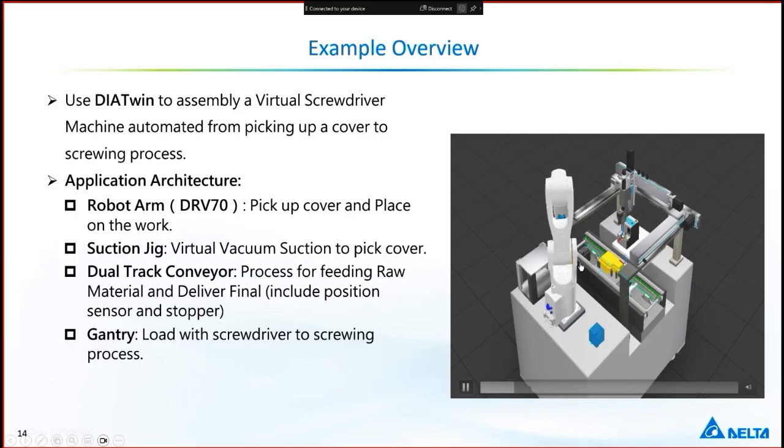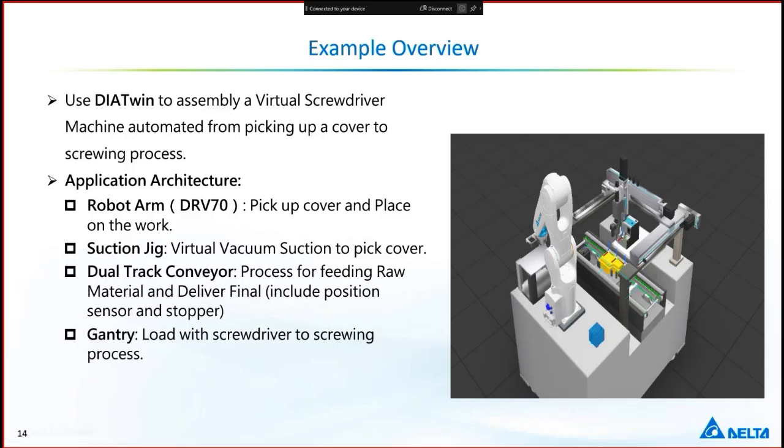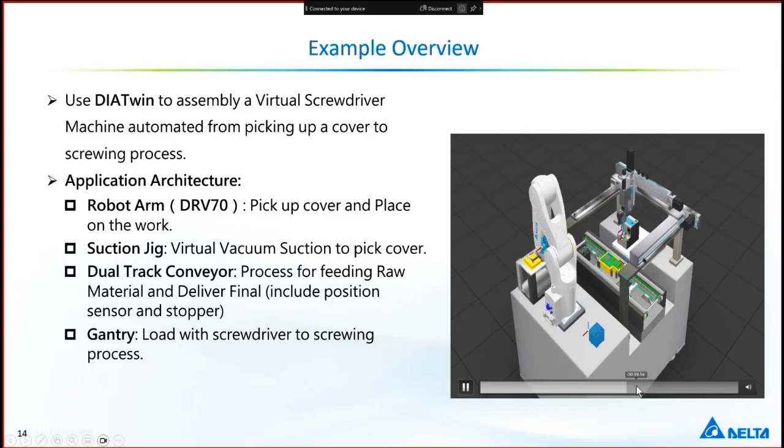Robot will pick the cover to the material and start the screwing process. Okay, it will disappear. And another one, repeat the process.